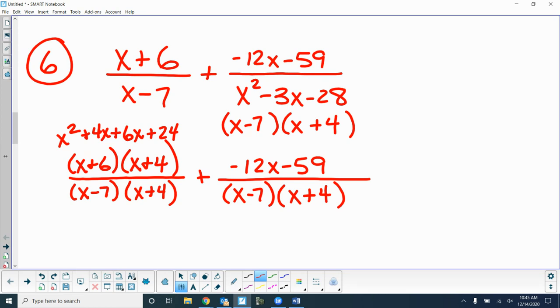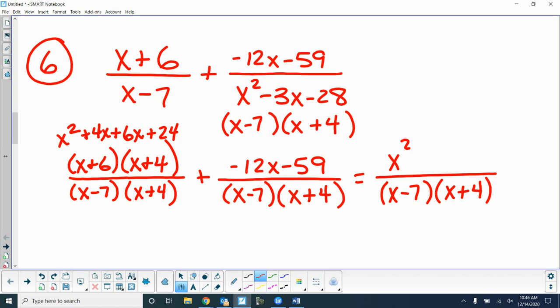And all I do is add the numerators. The denominator won't change. Once I figure out what my common denominator is, it stays my denominator. All I do is combine like terms for my numerator. So I got an x squared, plus no other x squared.